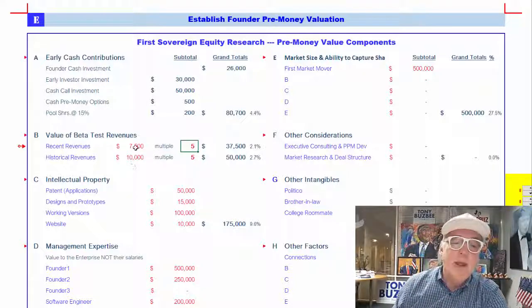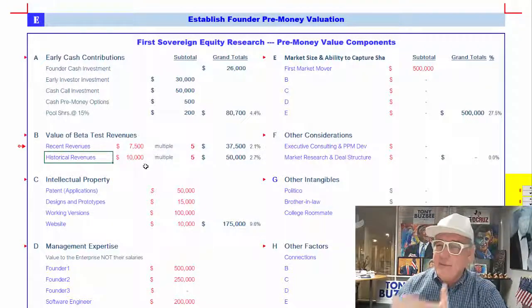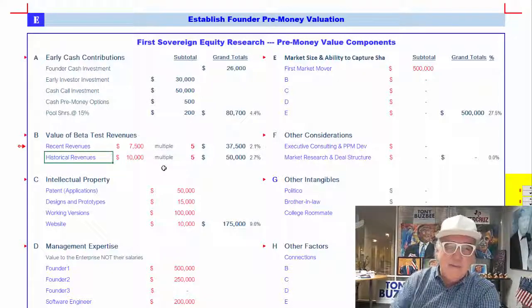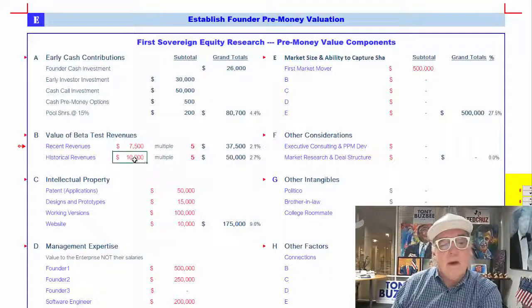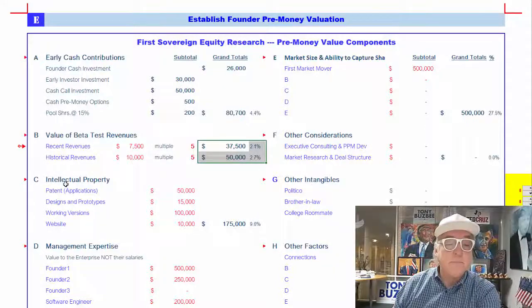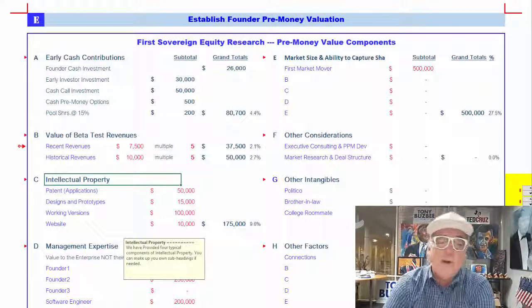So I like to put in the recent revenues and maybe historical revenues too. This thing might go on for a couple of years before you really get going. And carve those revenues up and multiply them, and there you are. So that's a valuation.